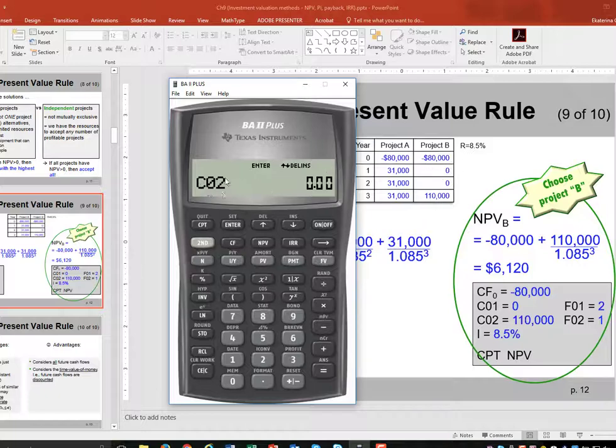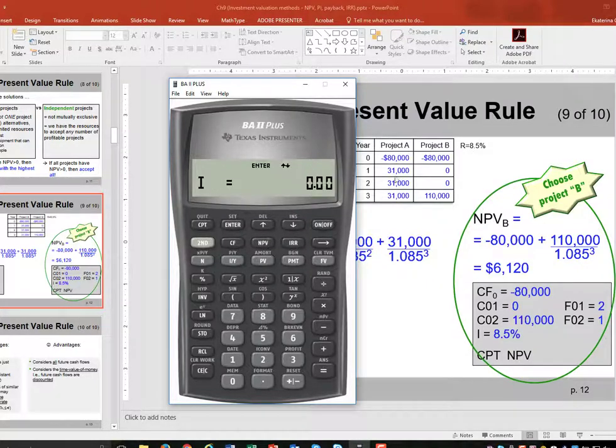Now, cash flow 02 means cash flow in the third year, right? Because cash flow 01 was essentially $0 twice in a row. So I press 110,000, enter, down. I leave the frequency at 1 because $110,000 is only once, right? I press the down arrow key.